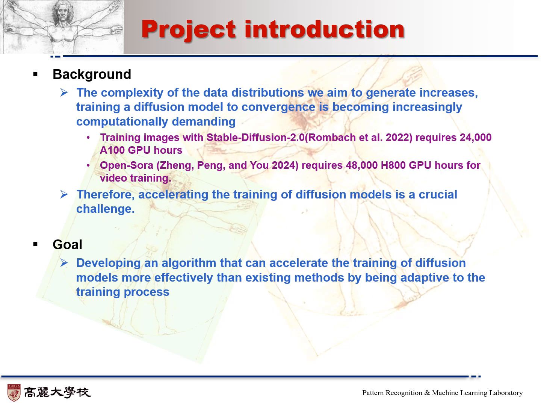A diffusion-based video model demands 48,800 GPU hours. Given these massive computational demands, accelerating the training process for diffusion models has become a crucial challenge in the field of machine learning and artificial intelligence.